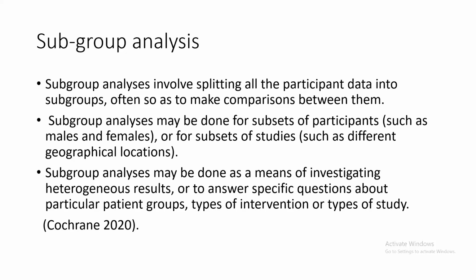People used to divide these 31 papers on the basis of location. Some used to make two categories, Asia and non-Asia. Some made continents. Some made categories of Eastern countries and Western countries. So the 31 studies were divided on the basis of location into subgroups.